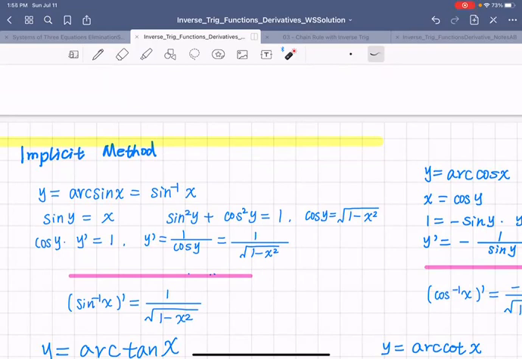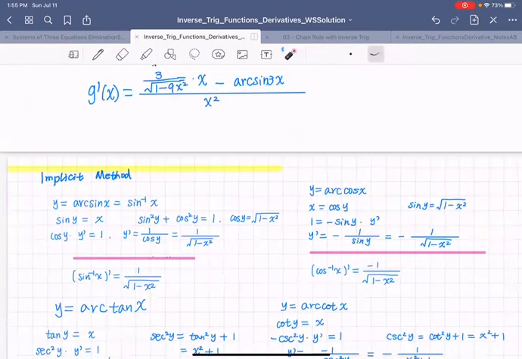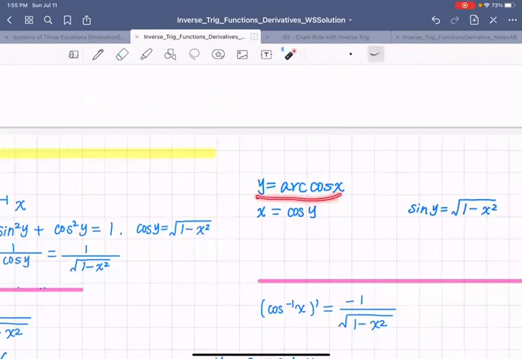Olivia. Let's do the cosine inverse derivative, okay? We write down y equals arc cosine x, so x equals cosine y. We can take the derivative of both sides. So 1 equals negative sine y, very good.